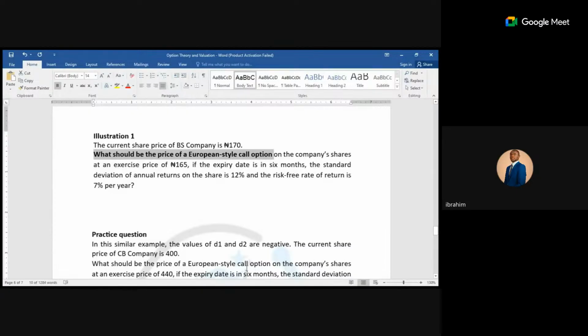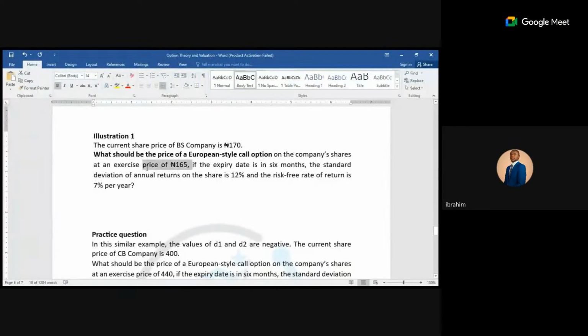Class, we should not forget that the Black-Scholes model makes use of European style options, which is the call option or the put option. The question is saying we are to determine the call option on the company shares at an exercise price.